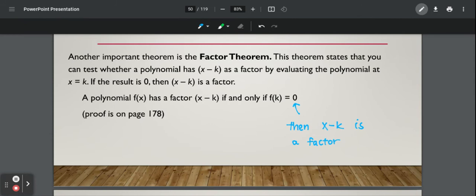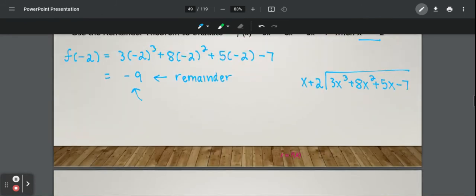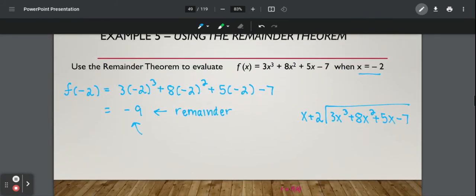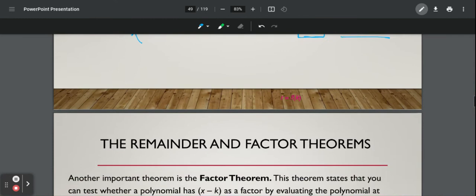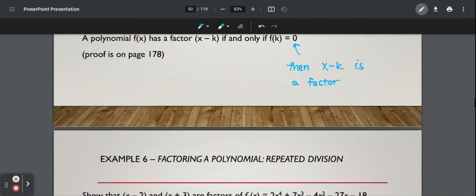So if we were to go back to this previous example, when we divided this polynomial by x plus 2, we got the remainder as -9. That means that x plus 2 doesn't go into this polynomial evenly because the remainder wasn't 0. Now, if the remainder was 0, then we would know that it goes into it evenly, and that x plus 2 would be a factor.